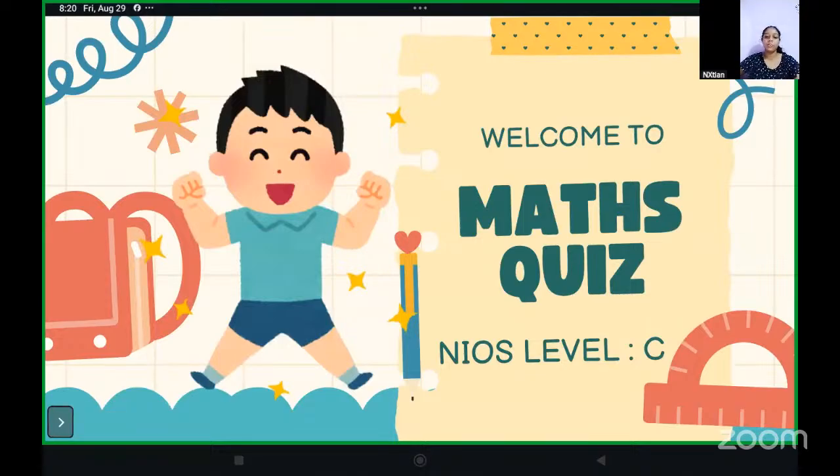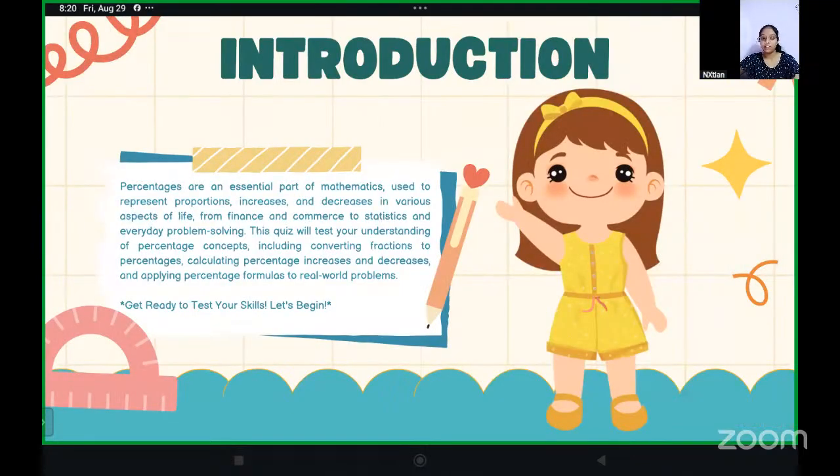Now, hope you all are ready for the maths quiz. Welcome to the maths quiz of today. Today's quiz is based on the topic percentage. Let's read the introduction. Percentages are an essential part of mathematics used to represent proportions, increase and decrease in various aspects of life, from finance and commerce to statistics and everyday problem solving.